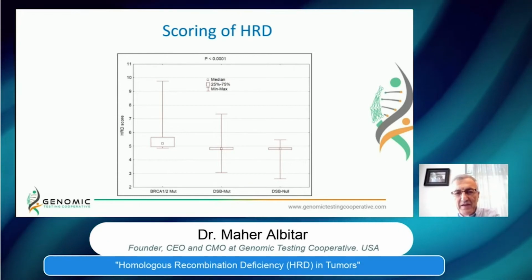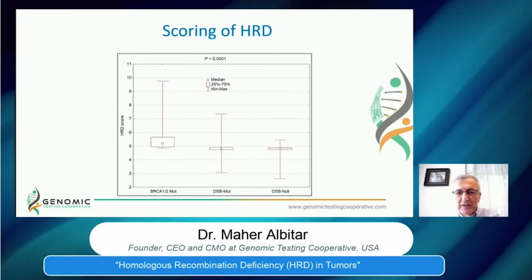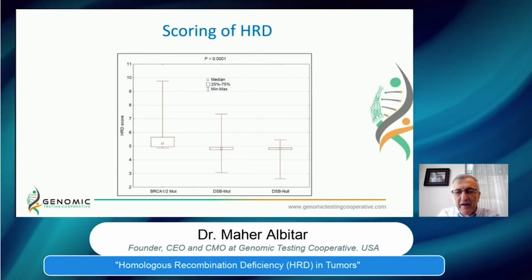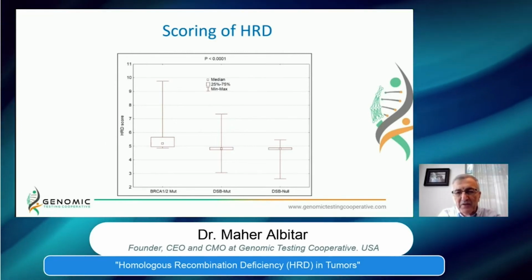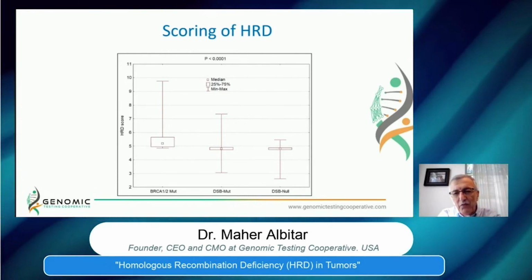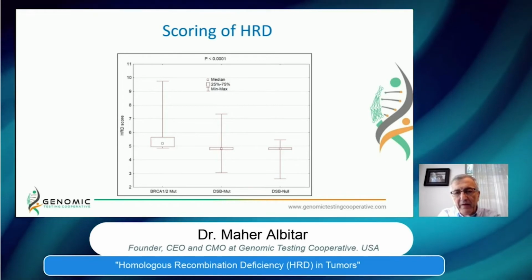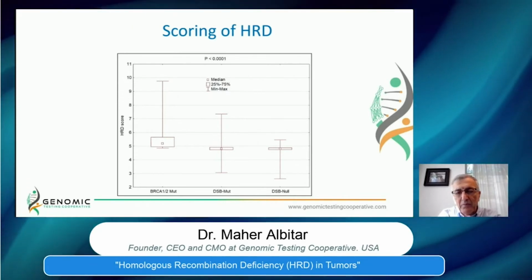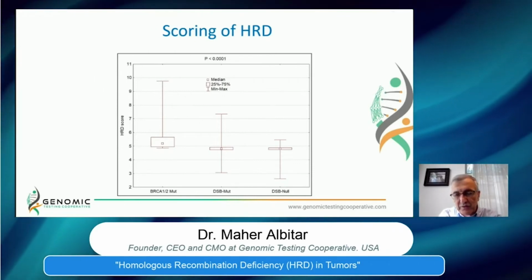And as you can see here, the scoring is high, but significantly different from patients or tumors that are negative for scarring or for the homologous recombination deficiencies.